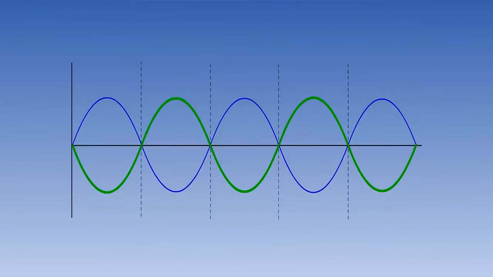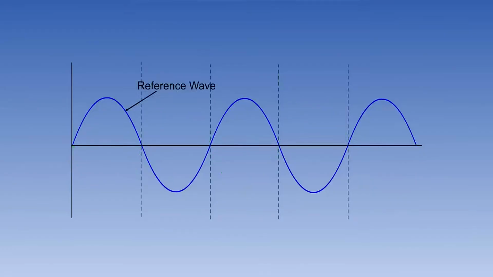This is only possible when the two signals have the same frequency, otherwise, phase comparison would be meaningless. One wave is designated the reference wave and the other is designated the variable wave.